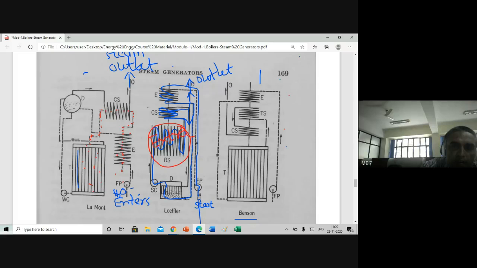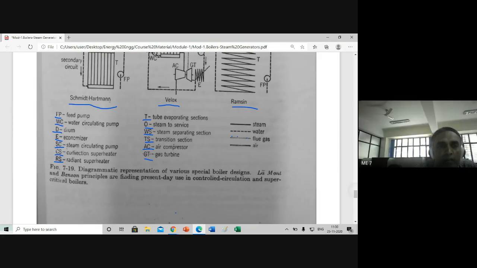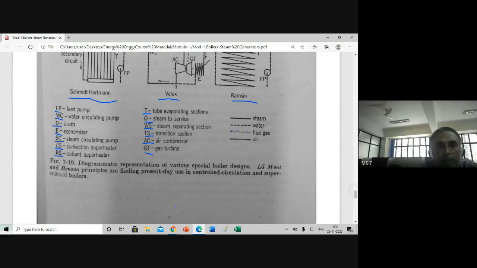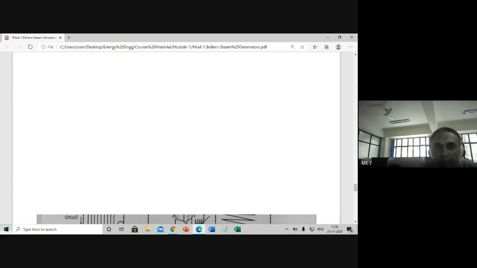Extra part, radiant. The radiant superheater is not there in the Lamont boiler, and the tube evaporating section is not there.